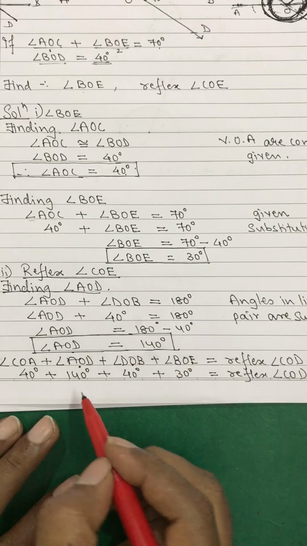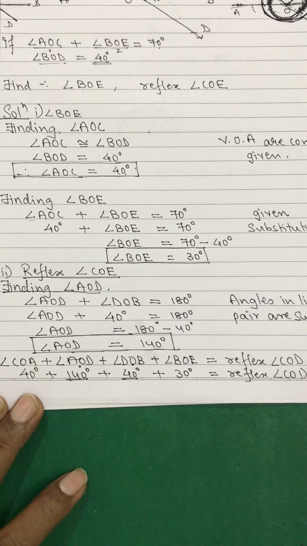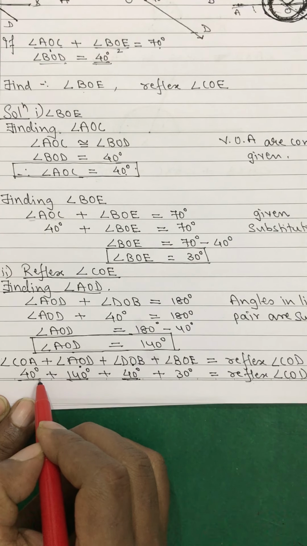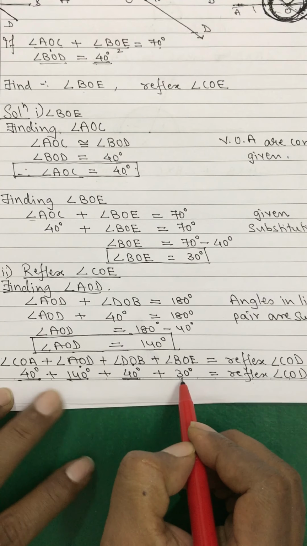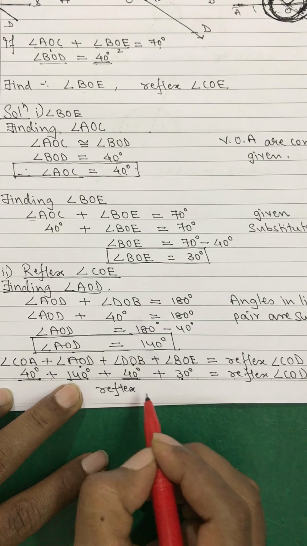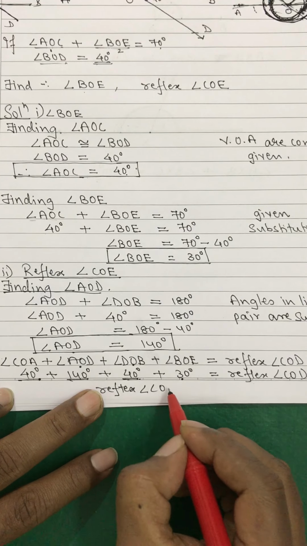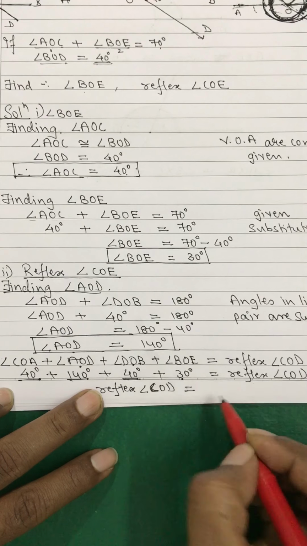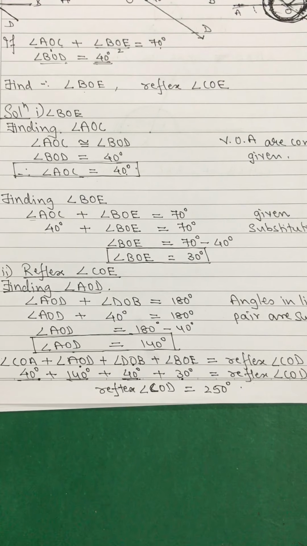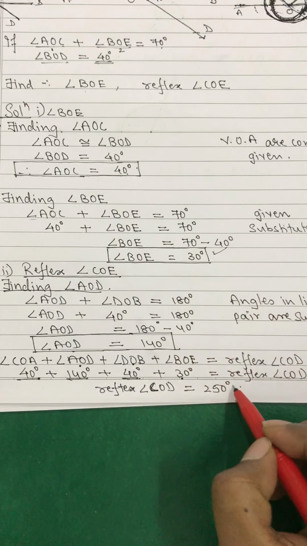Now if you add this: 140 plus 40 is 180, 180 plus 40 is 220, plus 30 is 250. So reflex angle COE is equal to 250 degrees. I hope the answer is right. 6.1. Yes, 30 degrees and 250 degrees.